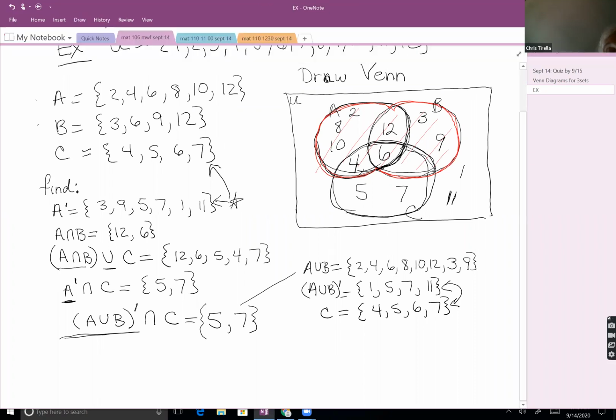And so when I look for the outside of the red intersect C, I'm saying what's outside of the red also in C. And so do you see how you can see it by looking at the picture? We're looking for outside A combined with B and inside C. Yes, no, maybe? Yes.